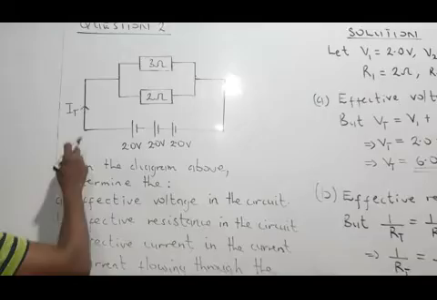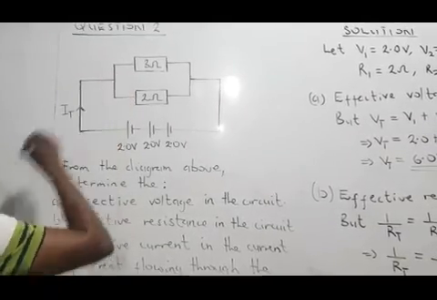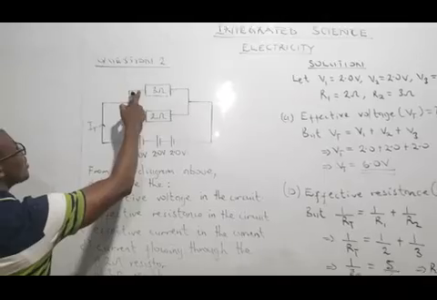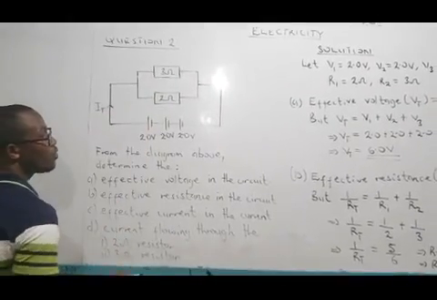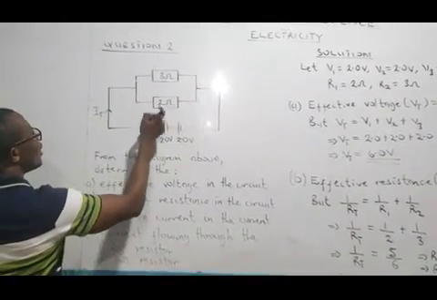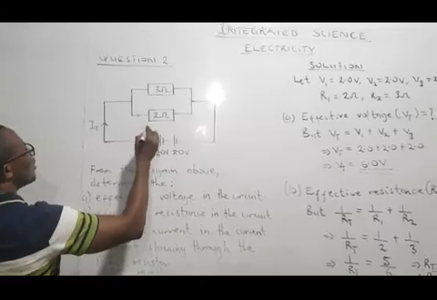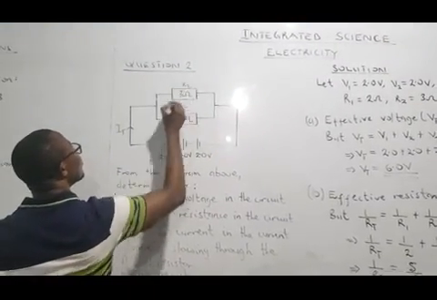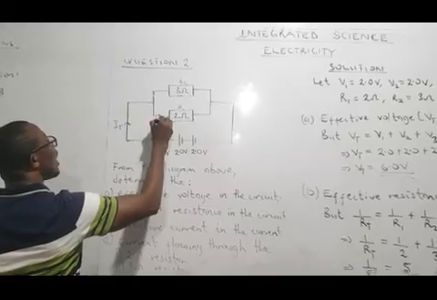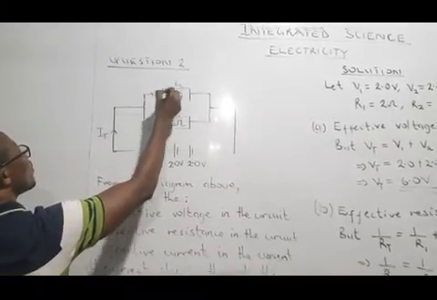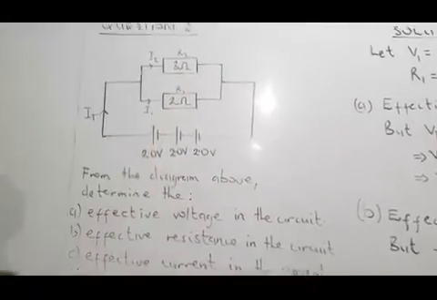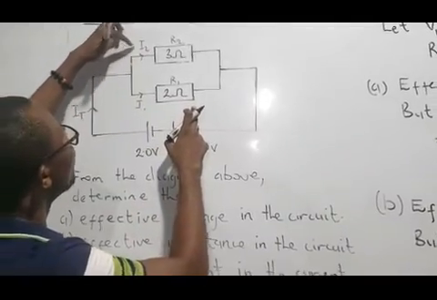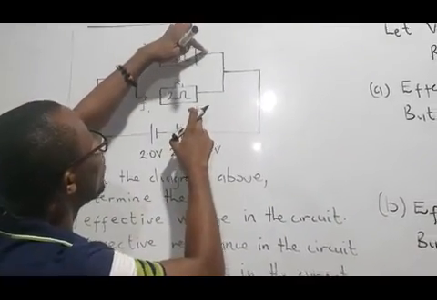So your total current flows, it gets to this junction. There's a junction here. Some of the current will flow through the 3 ohm, and some also flowing through the 2 ohm. So this is R1, this is R2. So the current here, I1, and some also passes here, that is I2. I1 is passing through the 2 ohm, I2 is passing through the 3 ohm.